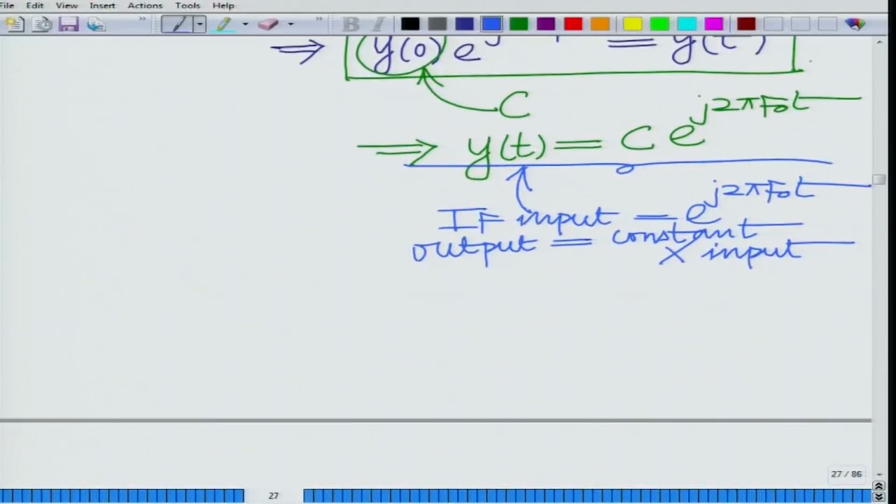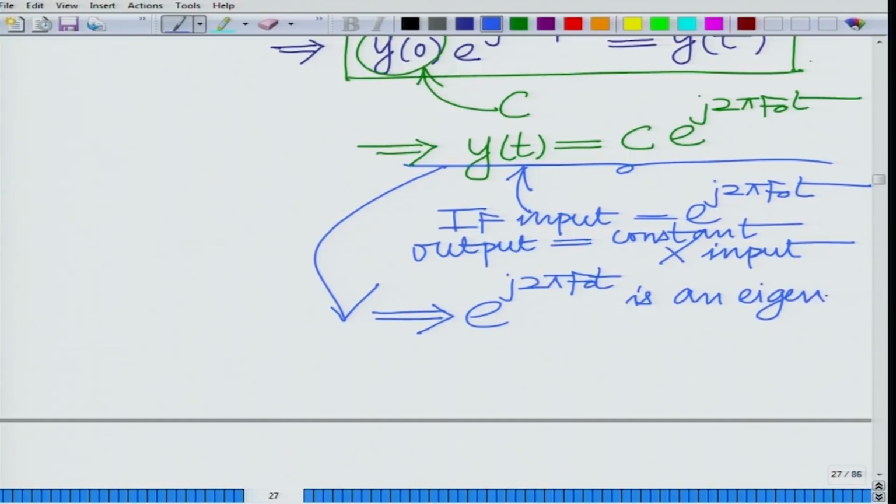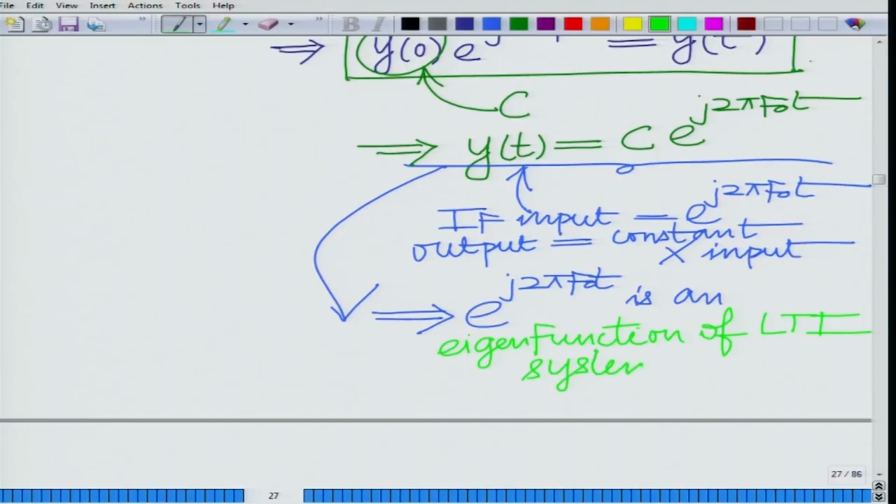This is a very interesting property: e to the power of j 2 pi f naught t is an eigenfunction of any LTI system.